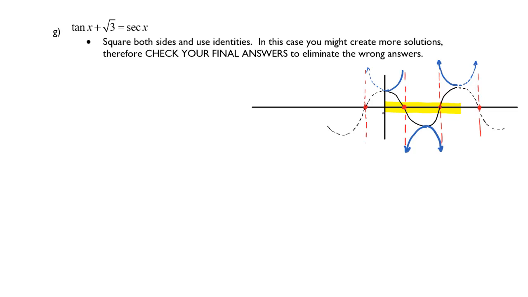And I'll go ahead and graph 0 and 2 pi so we can have a reference point for the next step. The next step is to identify where tangent exists. Now remember, cosine crosses the x-axis at pi over 2 and 3 pi over 2.